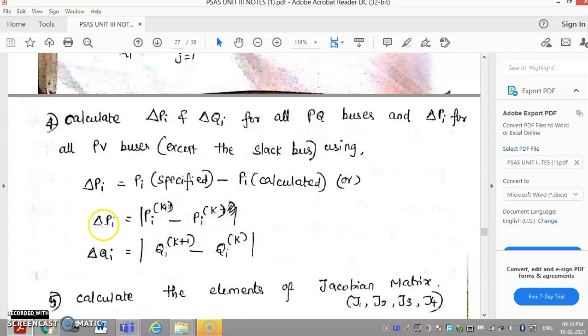We can consider k+1 as the present state and Pi power k as the previous state. So del Pi is equal to the present real power of the ith bus minus the previous real power of the ith bus. Like that we can assume. Del Qi is equal to Qi power (k+1) minus Qi power k.